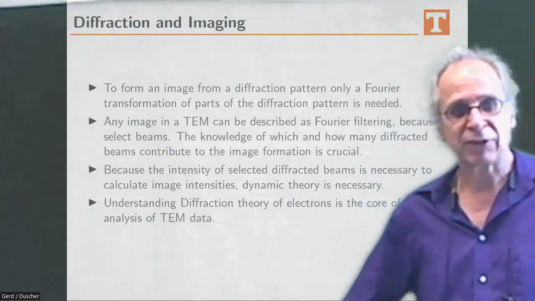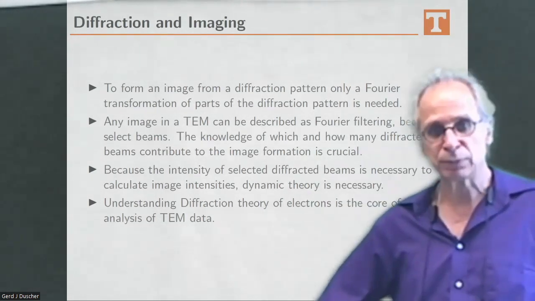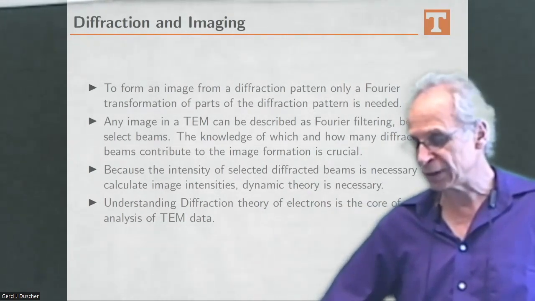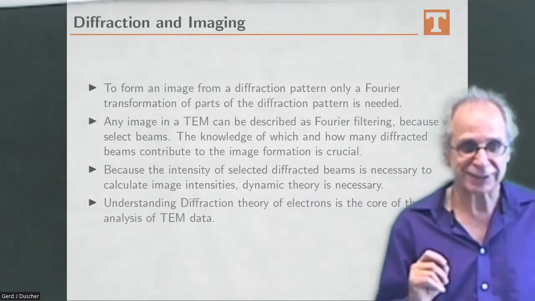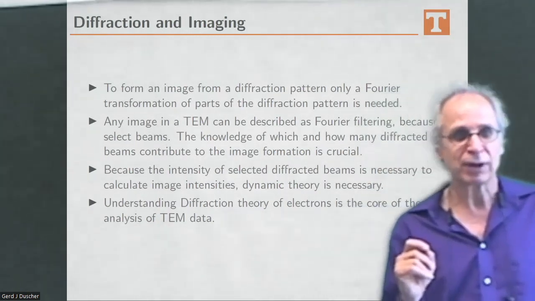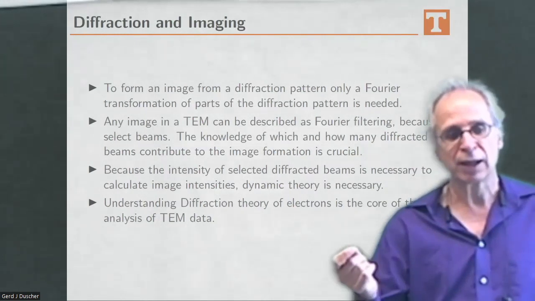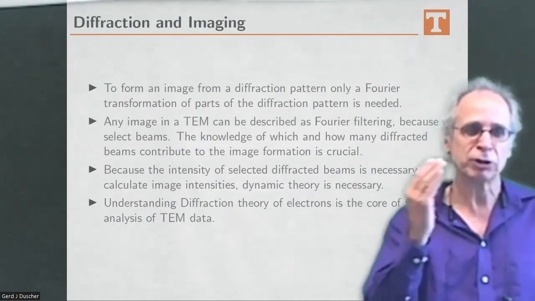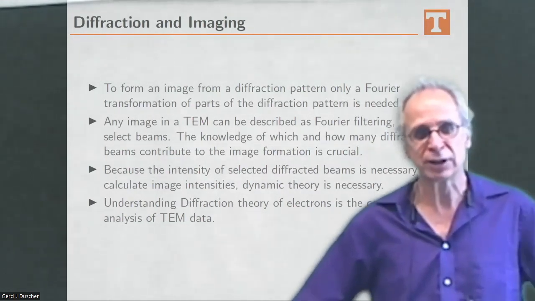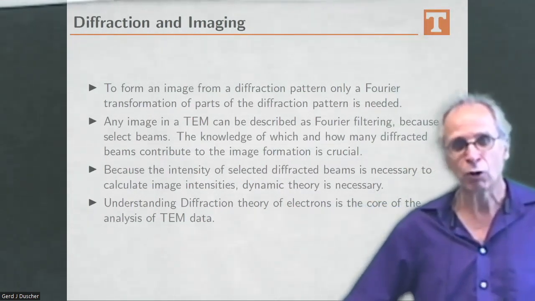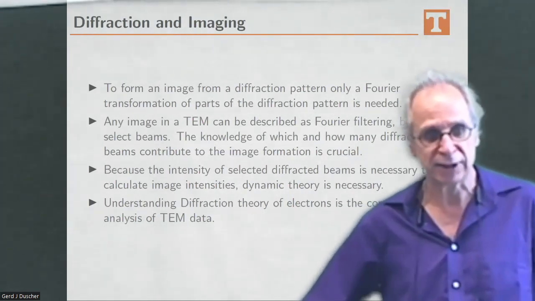In STEM, it's a little bit different problems with that. So whatever you do, the first thing that happens is a diffraction. And then you get an image, either by doing a Fourier transformation in the Fourier optics of the transmission electron microscope, or by using a spot and using the diffraction pattern there.